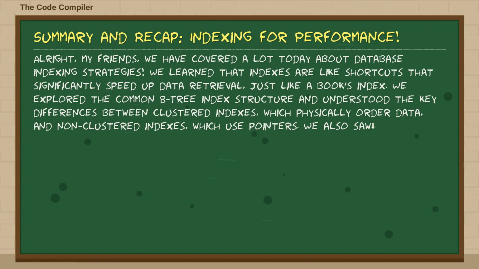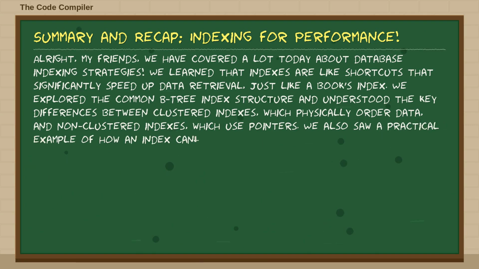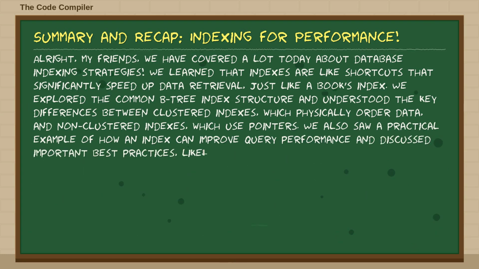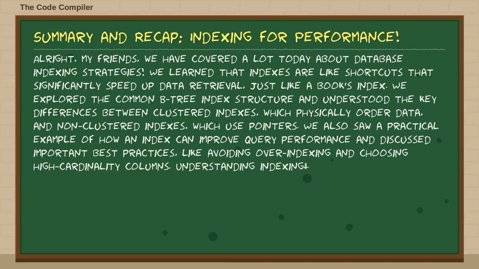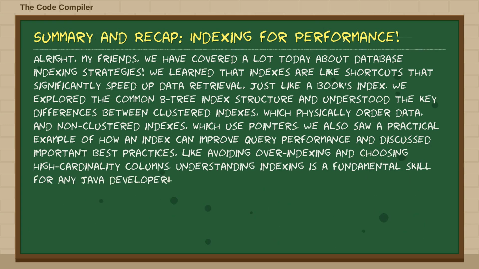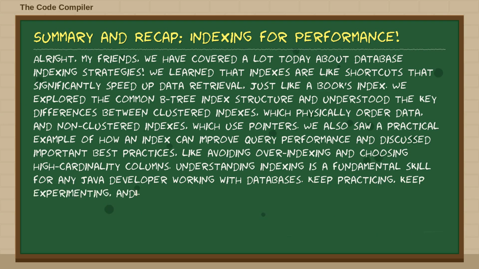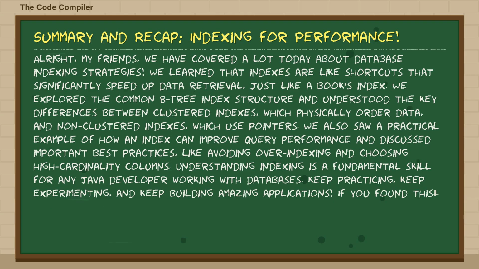We also saw a practical example of how an index can improve query performance and discussed important best practices, like avoiding over-indexing and choosing high cardinality columns. Understanding indexing is a fundamental skill for any Java developer working with databases. Keep practicing, keep experimenting, and keep building amazing applications.